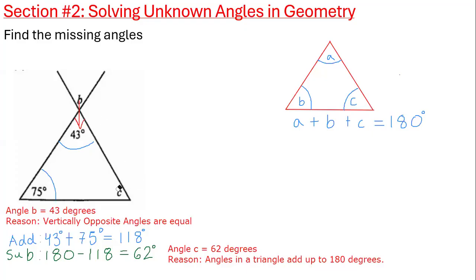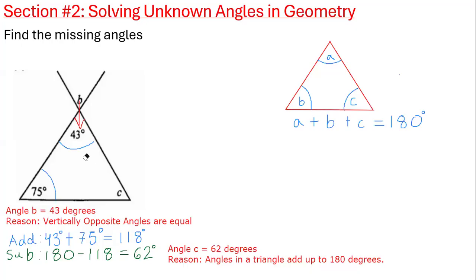Next, C is what we're trying to figure out. We know that angles in a triangle add up to 180 degrees. So first we add 43 plus 75 degrees, and that gives us 118 degrees. Then we subtract 118 from 180, and that gives us 62 degrees.